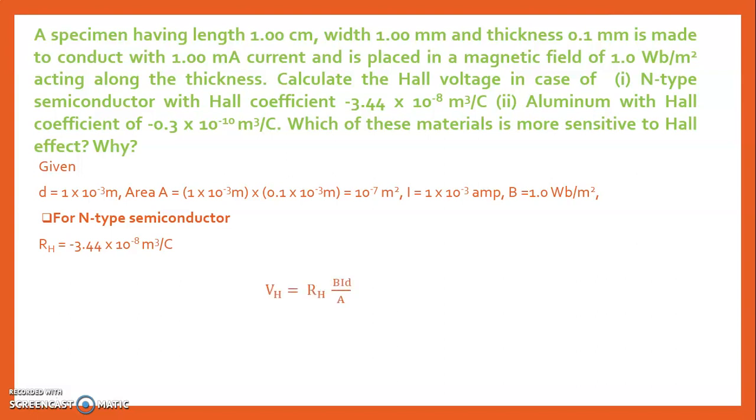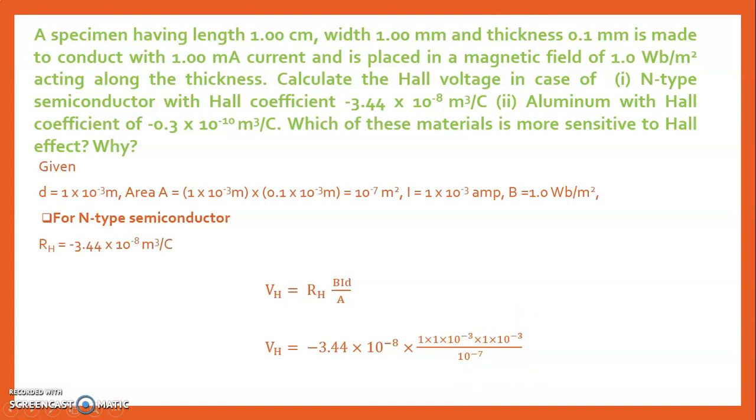The formula is VH equals RH into BID upon A. So we can calculate VH by putting the value of RH as minus 3.44 into 10 raised to minus 8, then B is 1 Weber per meter square, current is 1 milliampere, width is 1 mm, and cross section area is 10 raised to minus 7.